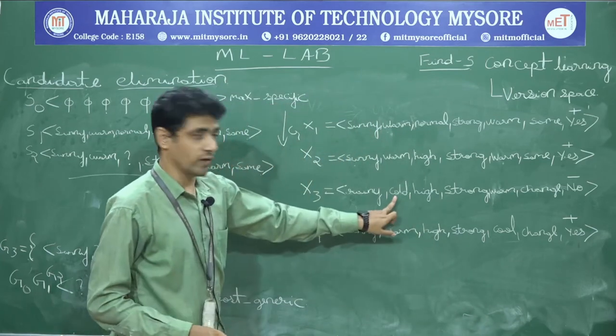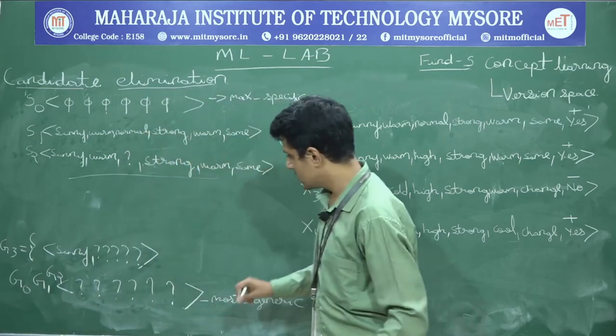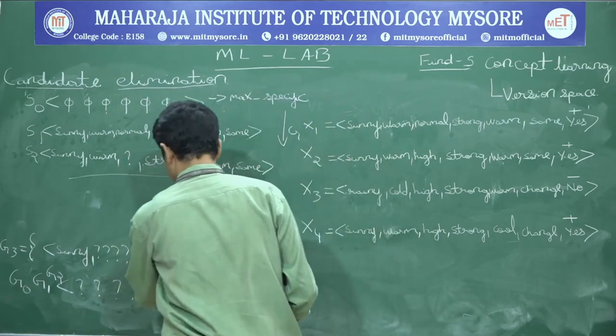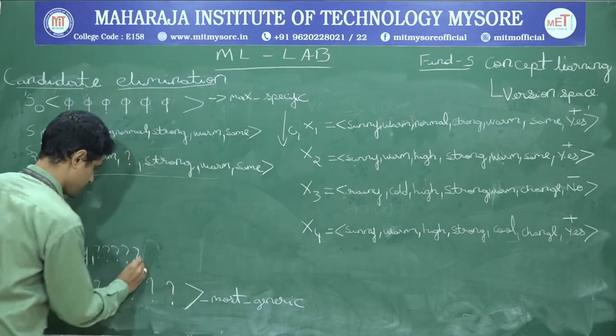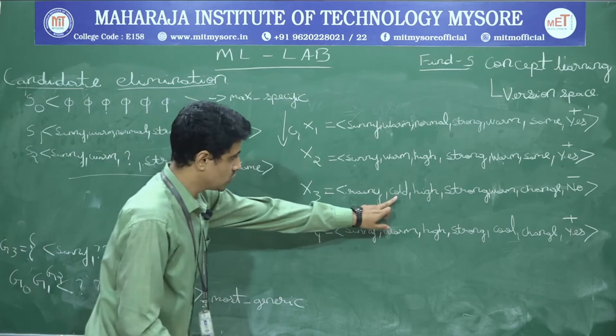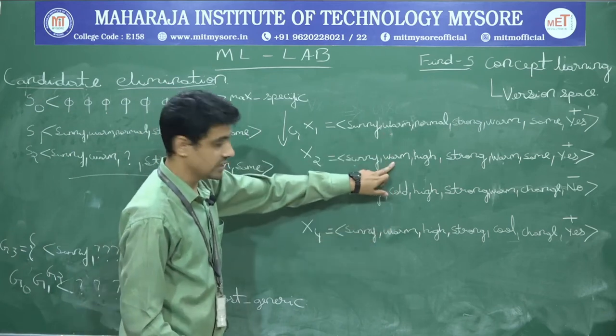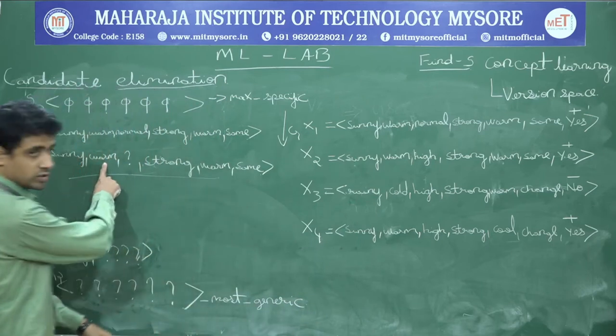Next, moving on, we have cold, again with question marks. So now compare cold. See what other values we have. Do we have other values? We have warm. You can see in this also, we have warm.